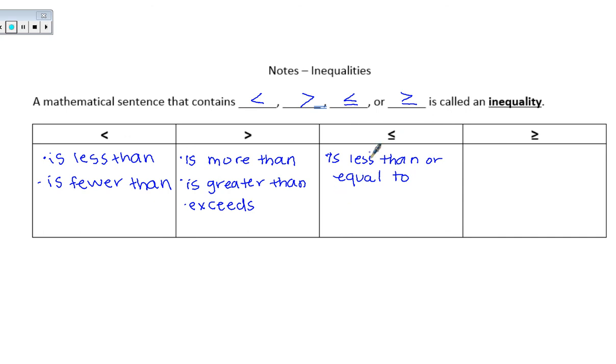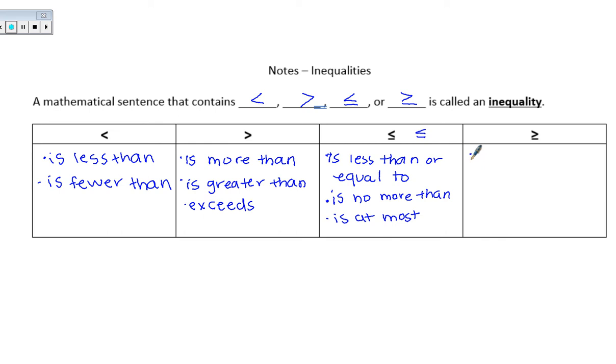A good way to remember these is that since it has that line, it looks kind of like an equal sign, but then we change that top line to whichever inequality sign we were talking about, the less than or the greater than. And then we have is no more than, or you could have is at most. Each of those phrases would be telling you to use this less than or equal to sign.